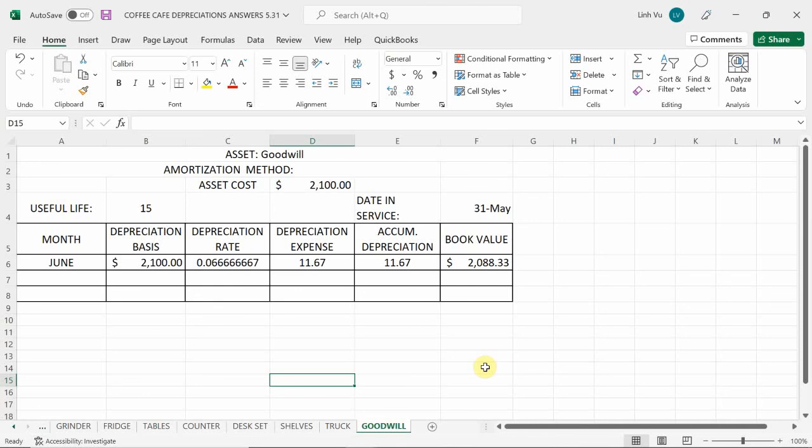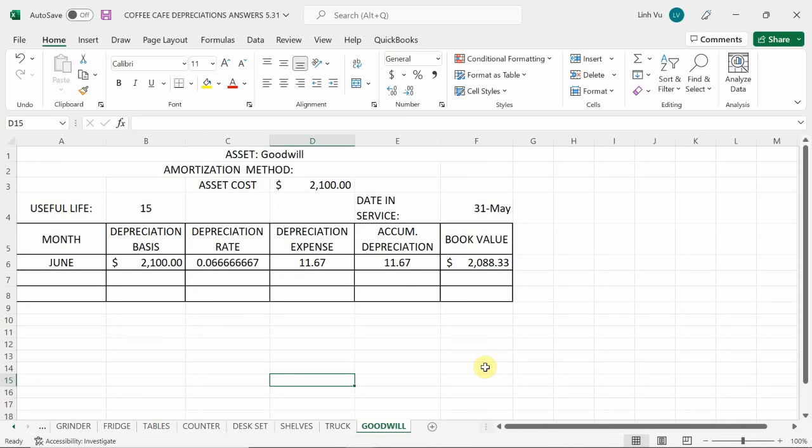Good. And then depreciation rate is equal to 1 over estimated useful life. Good. And then depreciation expense is depreciation base times depreciation rate. Yes. And so forth.